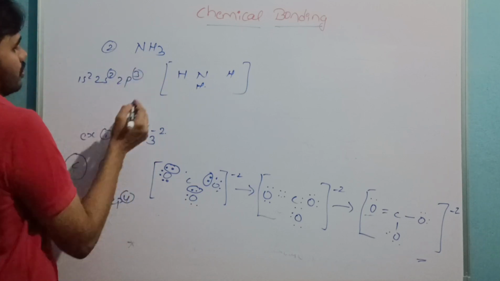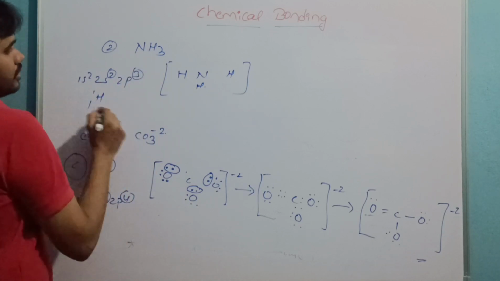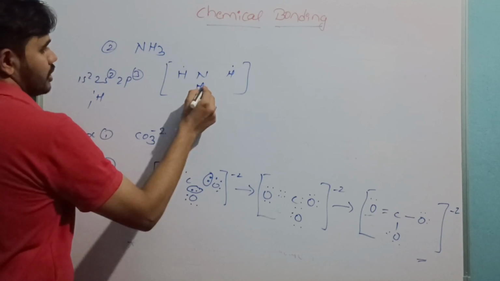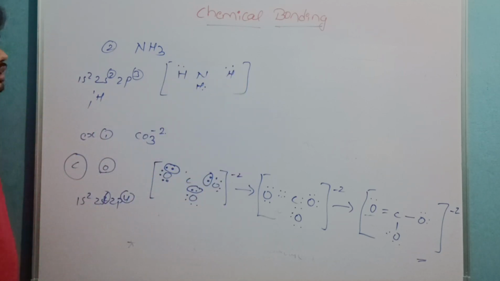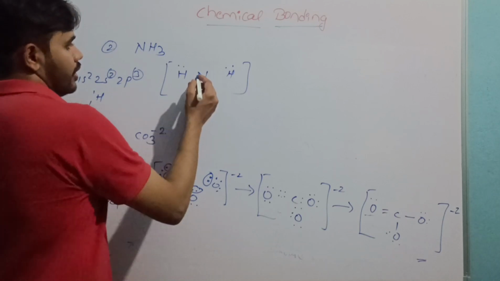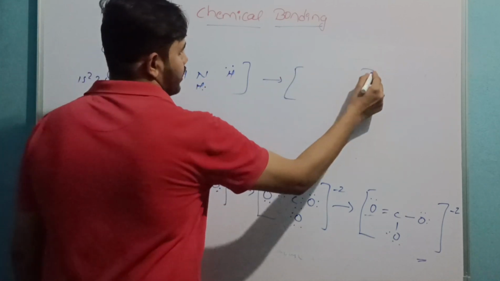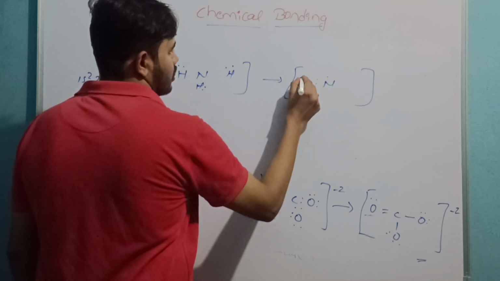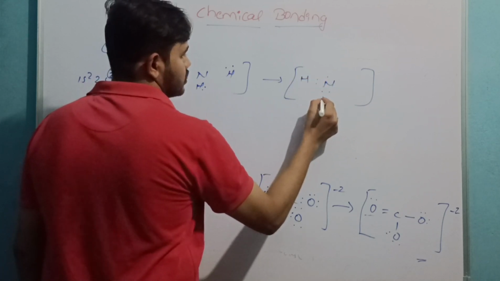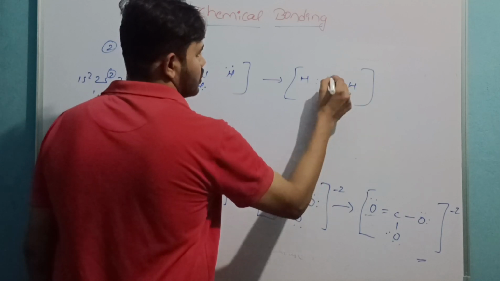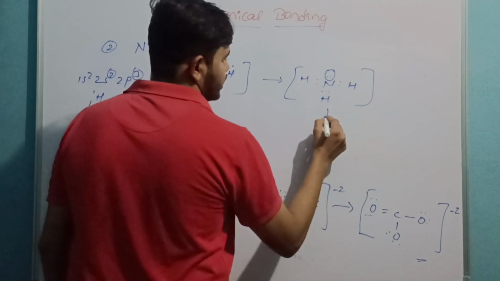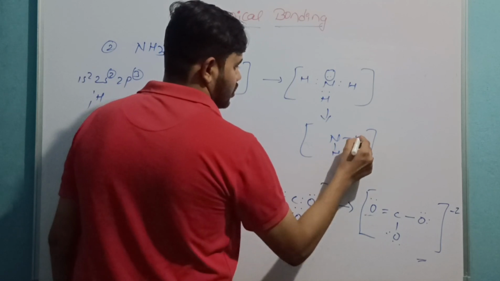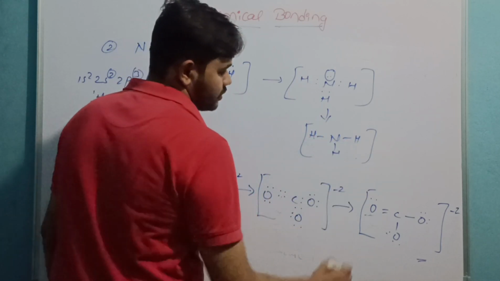Each hydrogen has one electron, forming a pair. Nitrogen still requires 2 electrons, which it has as a lone pair. In this manner we represent ammonia in Lewis form.